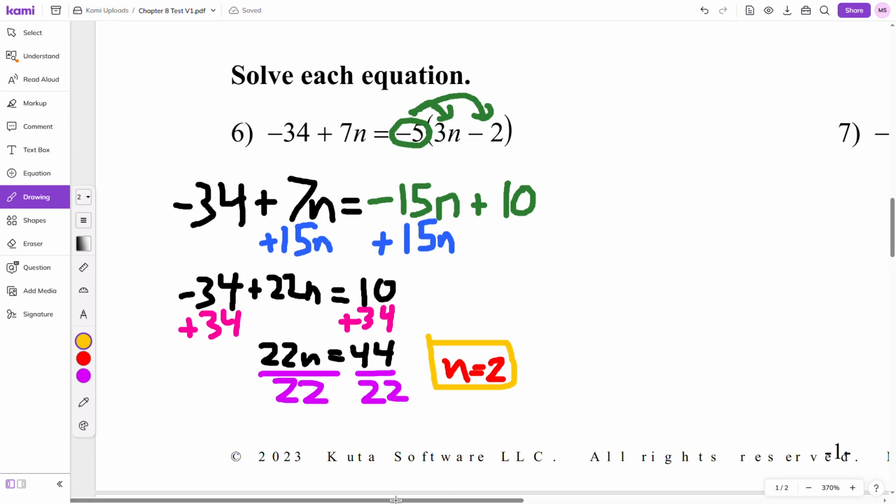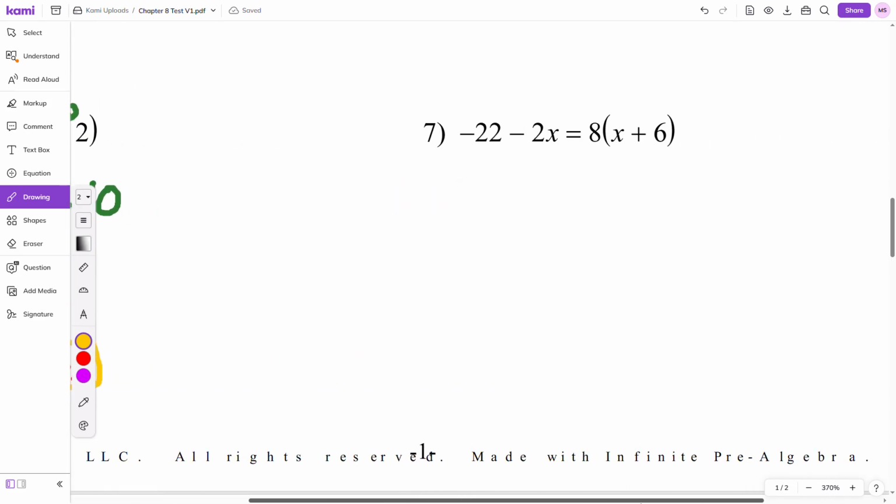And then number 7, minus 22 minus 2x equals 8. The first thing I'm going to do is divide everything by 2 because I can. Because I realize that everything is even. And that's just going to make things slightly easier. Just not so big numbers.